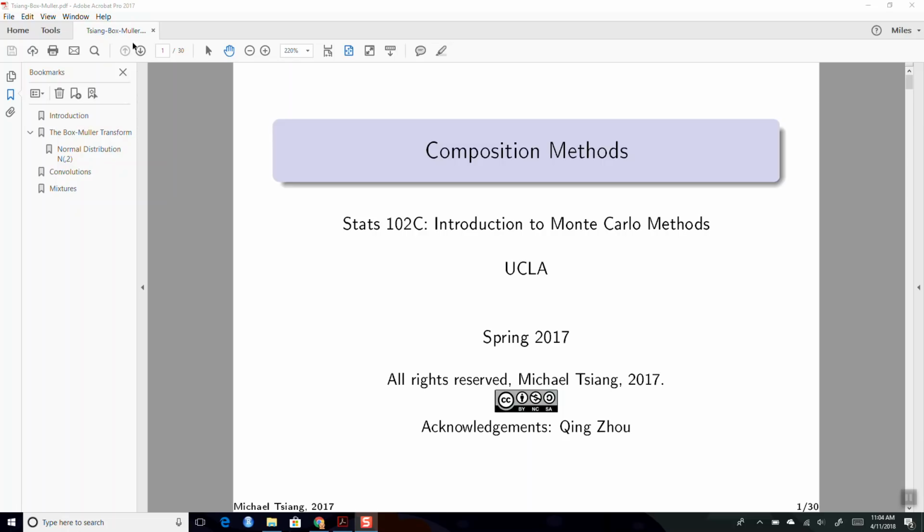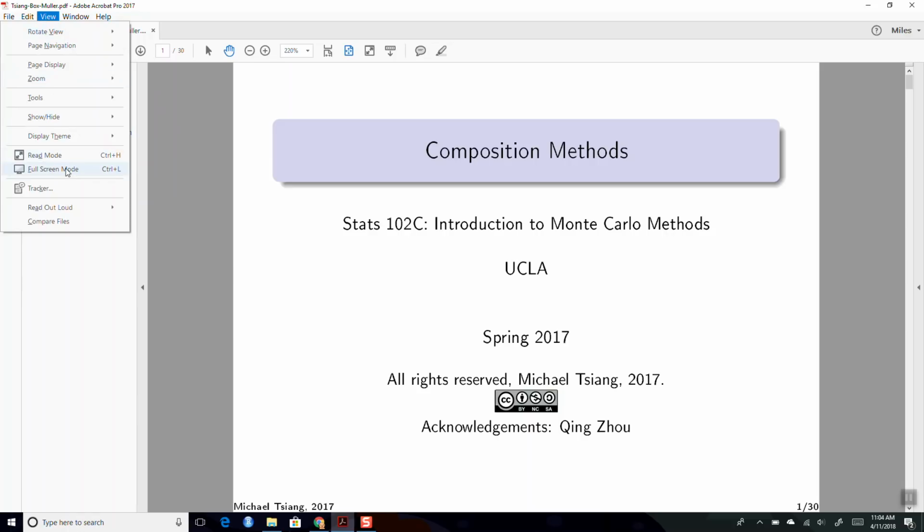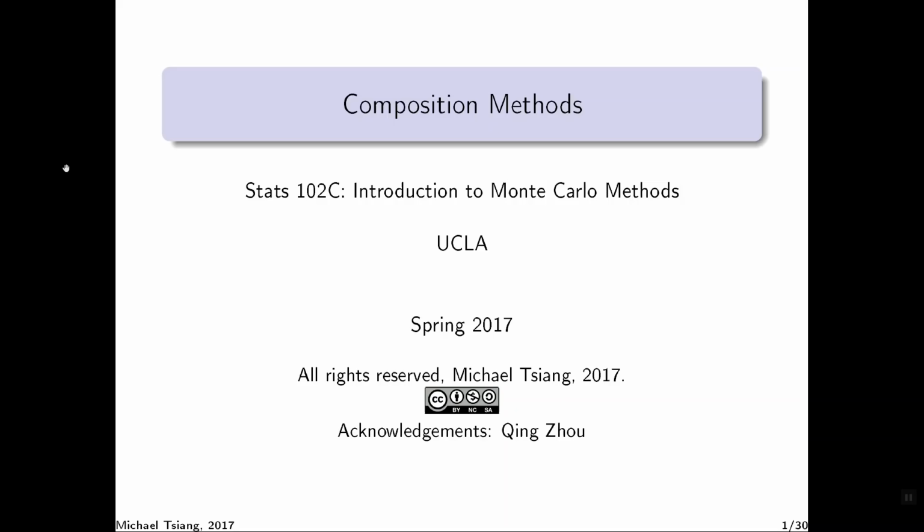Okay, today we will take a look at composition methods. I normally don't use prepared slides. I like to just write on my Etch-a-Sketch, or whatever you call that thing, the tablet.